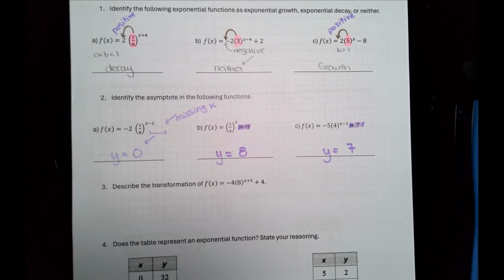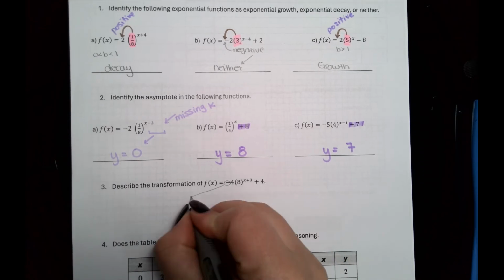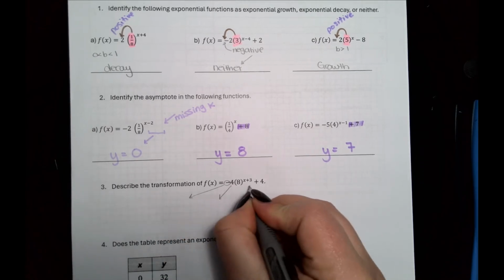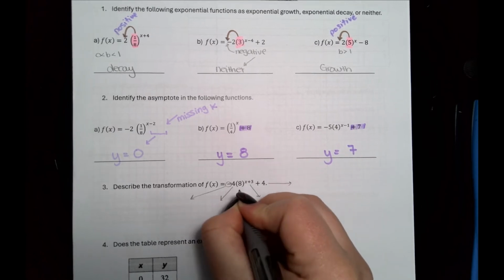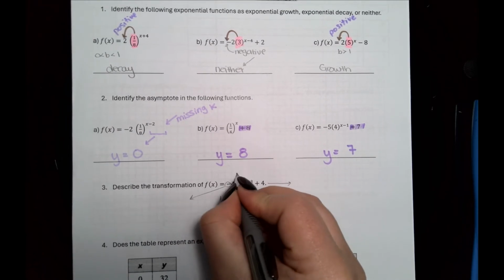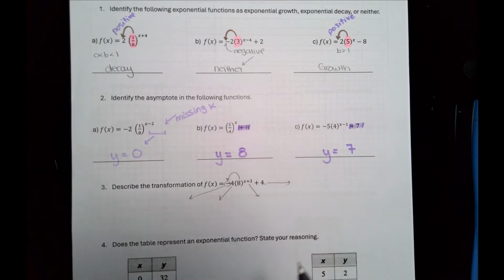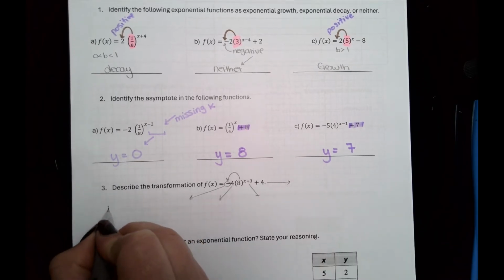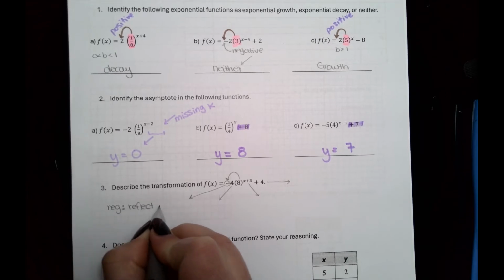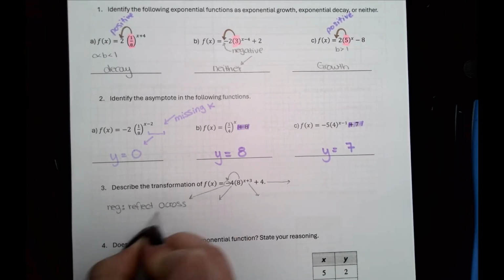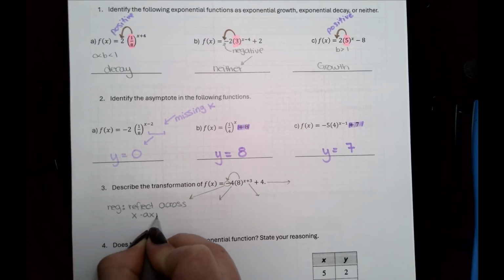Next, it's asking us to describe the transformations. When you are describing transformations, you want to take every single thing and tell the reader what each section will represent. So I'm going to draw a little arrow here. A negative represents a reflection across the x-axis.